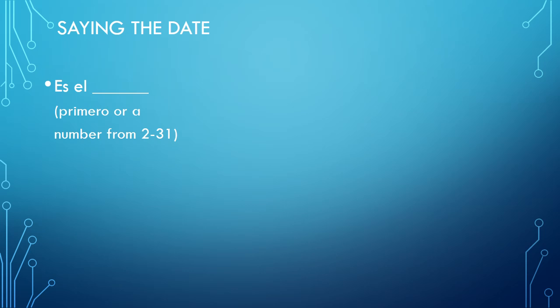So we'll say it's the first if it's the first day. Other than that, we just say it's the 2, it's the 4 of September, it's the 6th of August. So we don't say 6th. The only time we change it is in the first. El primero de agosto is the 1st of August, and el 2 de agosto is the 2nd of August. So after that, we just have the word day and then the month.